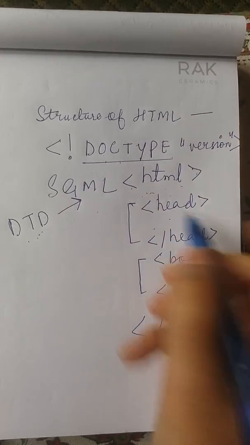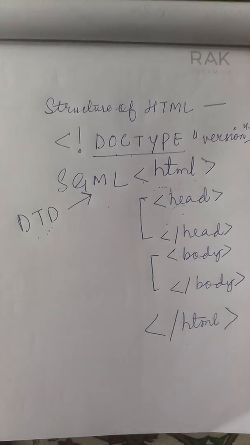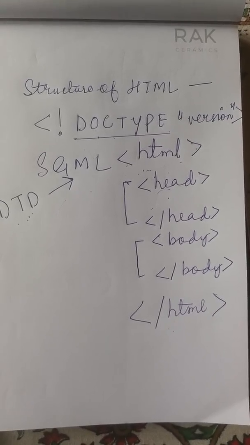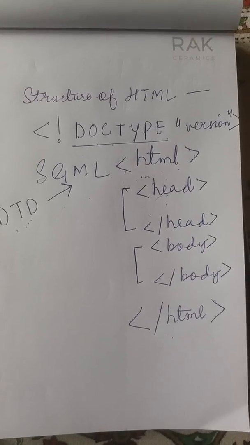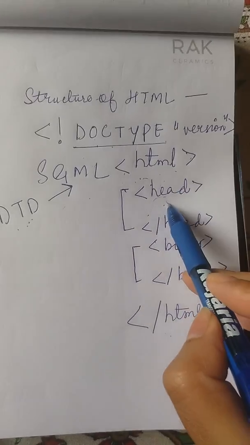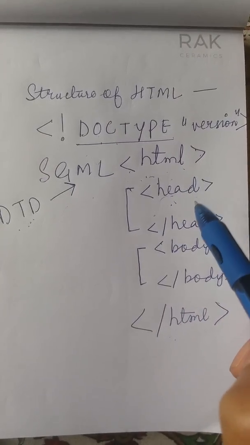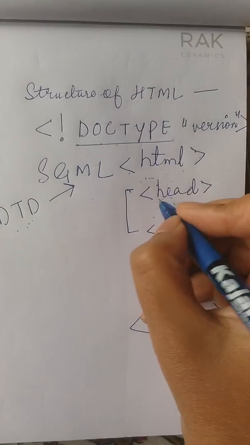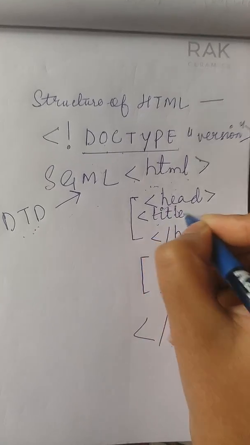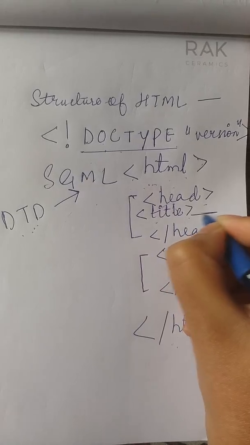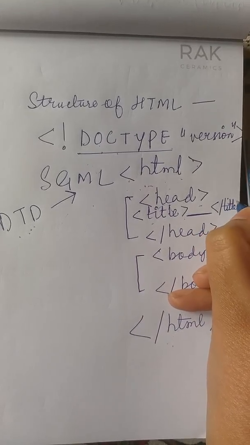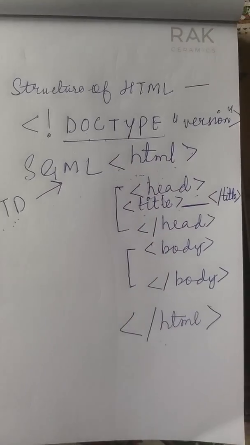Head tags include the title of our document page, like we name some of our documents as index, or we name it something else like home, about. The title that will be displayed on the title bar is specified in this title tag. Within this, and here we mark the ending of our title tag.